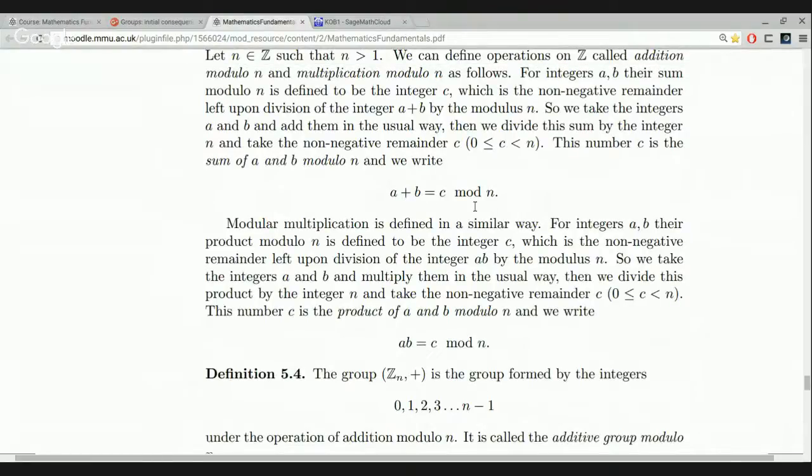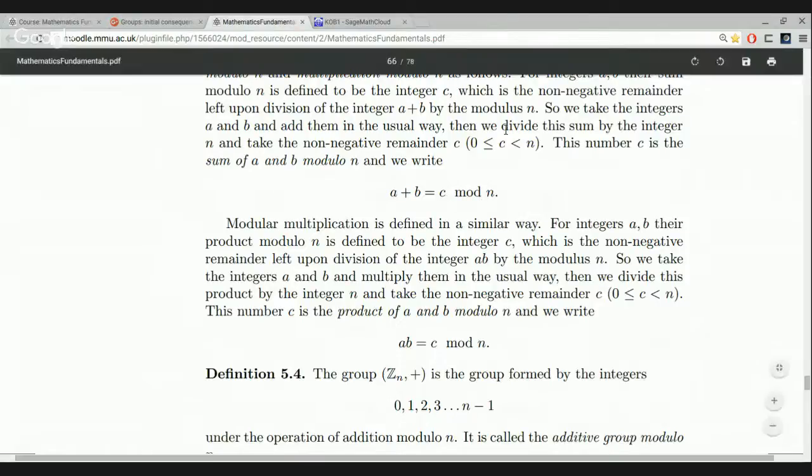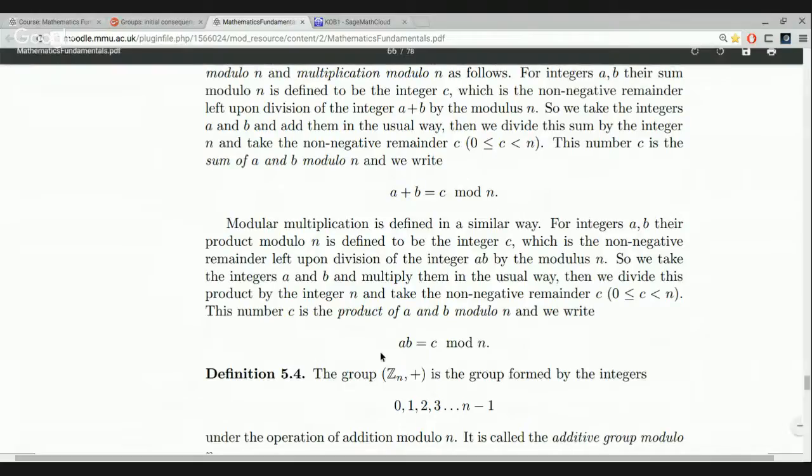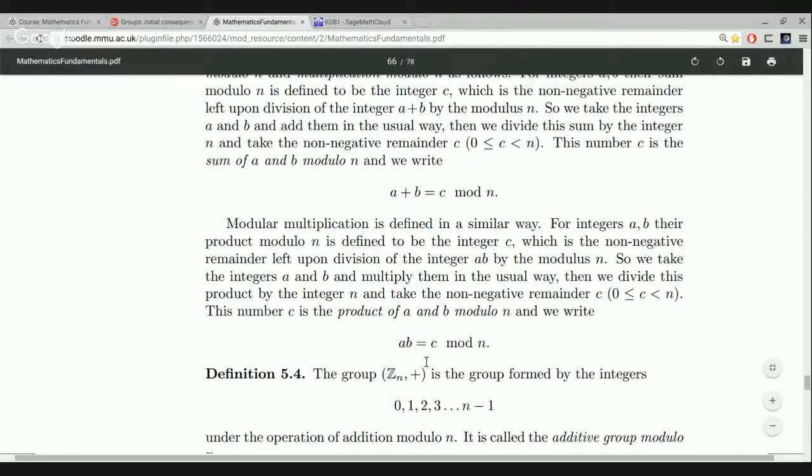So a plus b modulo n is equal to a number c, where c is the small remainder you get, and by small I mean between 0 and n, after dividing the sum a plus b by n. And a similar definition for multiplication.